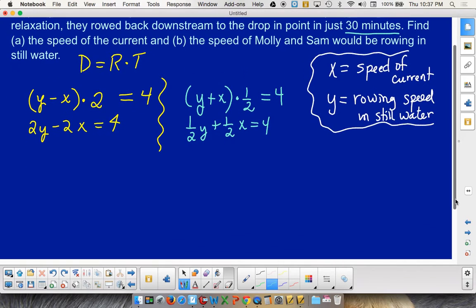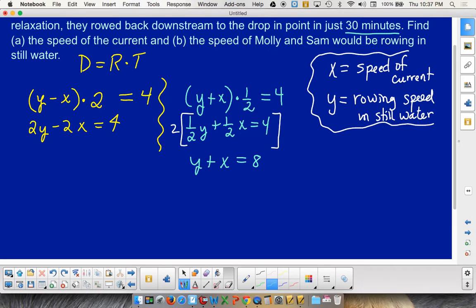And now that I have 2 equations, I can actually then solve the problem by substitution or elimination. Okay, I'm not real loving this fraction action here, so let's take this equation times 2 and make that a little cleaner, which will make that one y plus x equals 8.